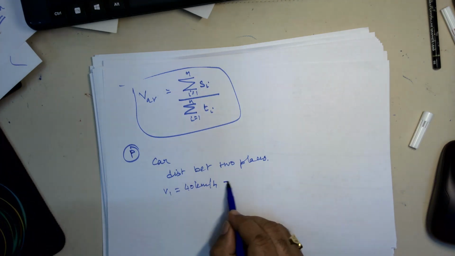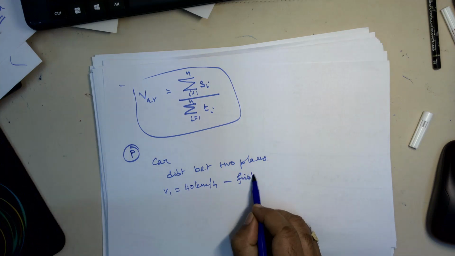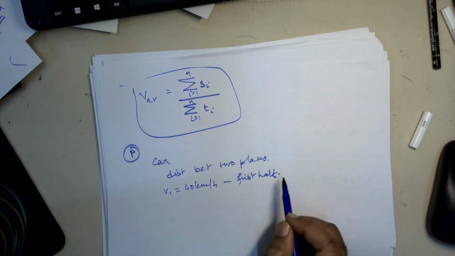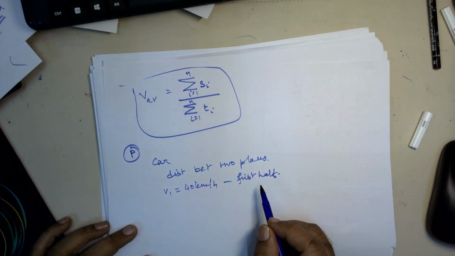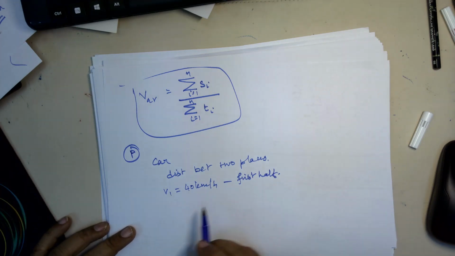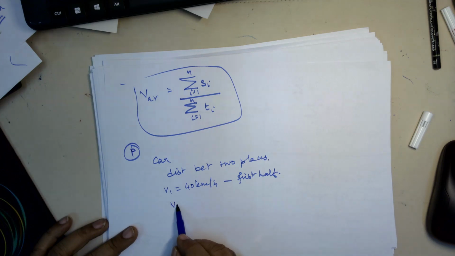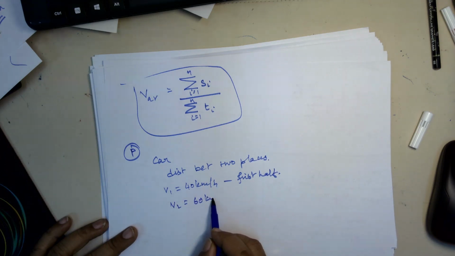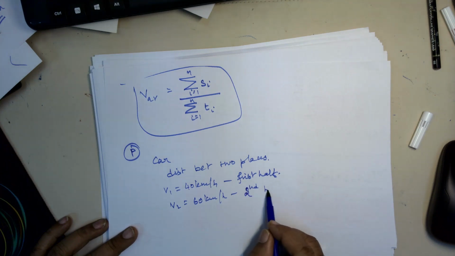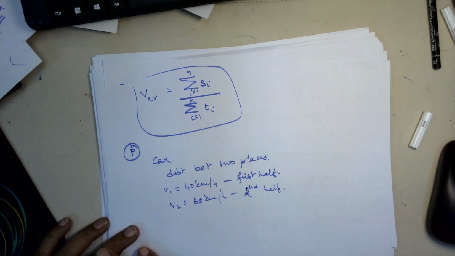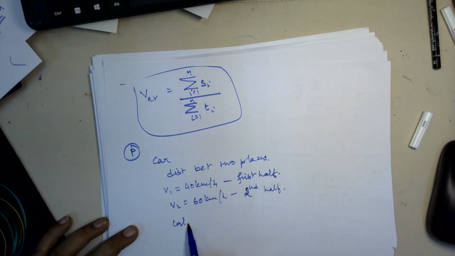So this is the speed at first half. And the second half, it picks up 60 kilometer per hour. This is the second half. Calculate the average speed of the car.